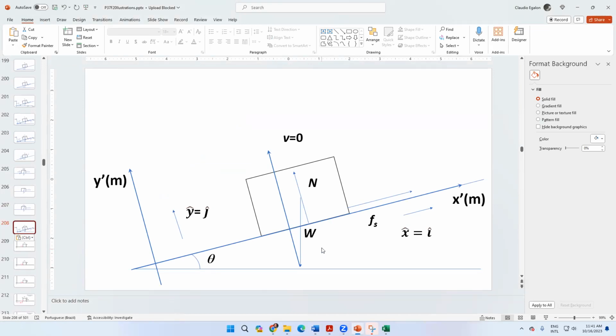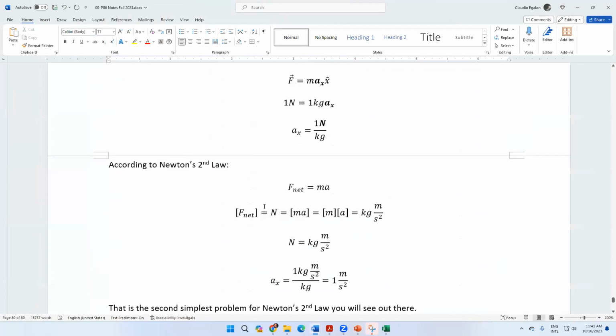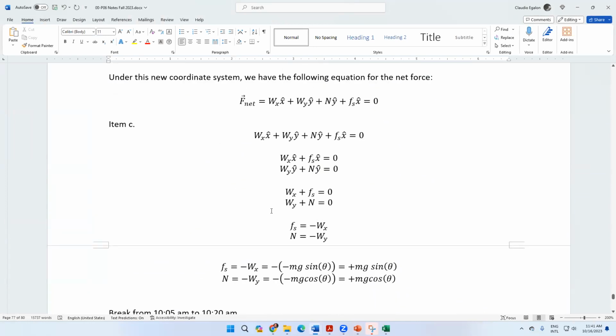And we calculated before that the normal is going to be given by mg cosine of theta. Do you remember that? We did that before, right? If we go back to our previous case, the normal is the y component of the weight, mg cosine theta. So we can copy that.